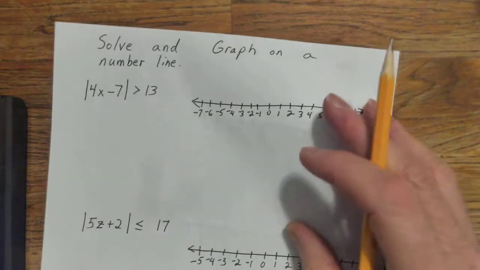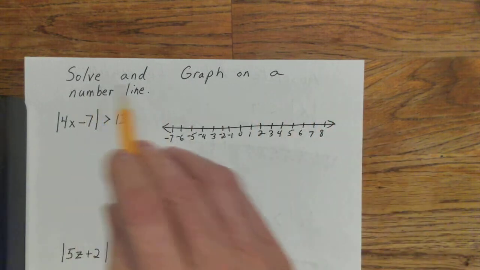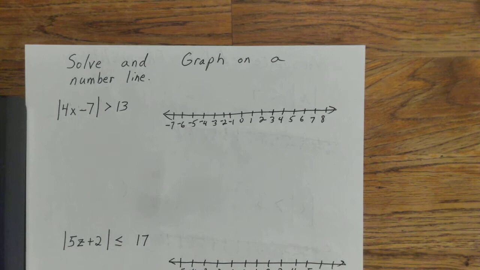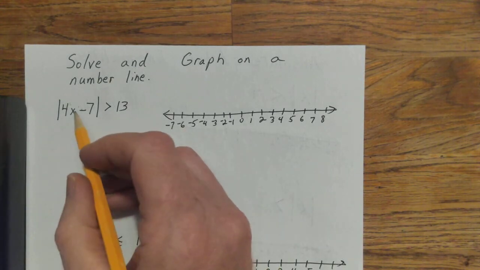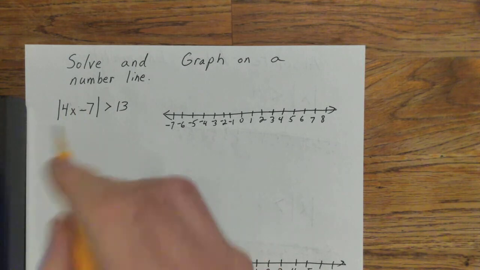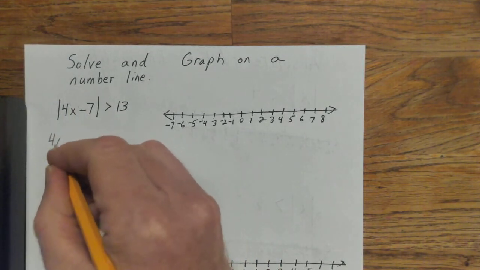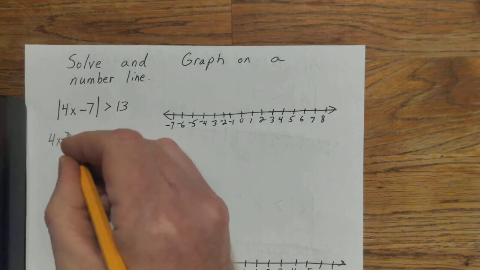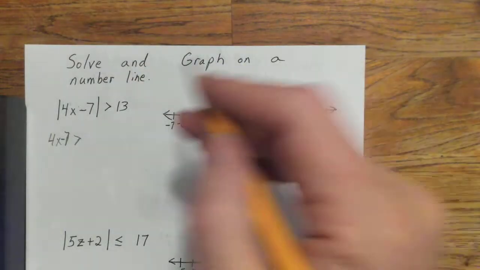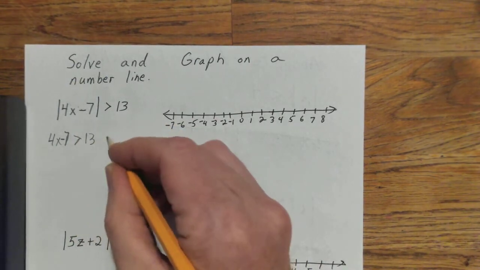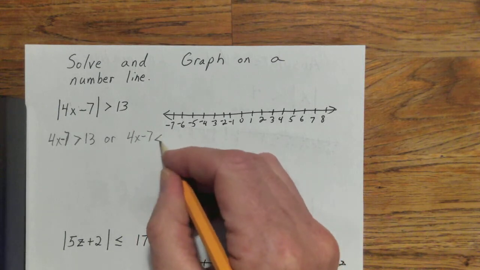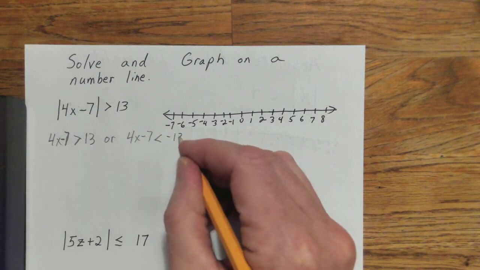Now I have a couple of examples. I'm going to solve this and put the solution on a number line. The absolute value of 4x minus 7 is greater than 13. Now this is greater. So I'm going to write 4x minus 7 is greater than 13, or 4x minus 7 is less than negative 13.